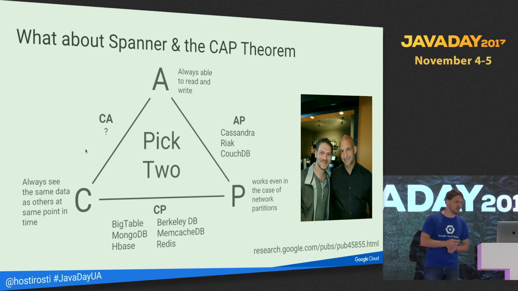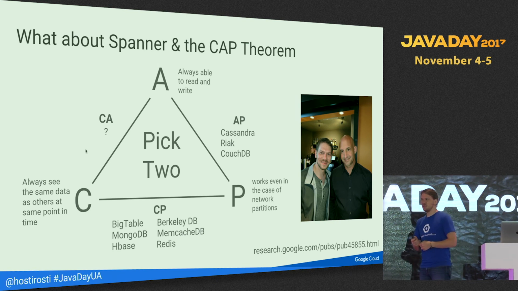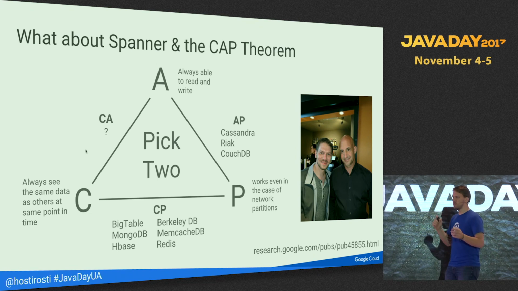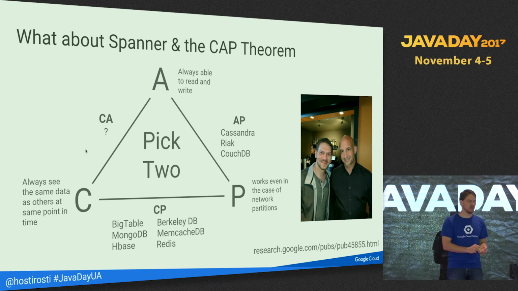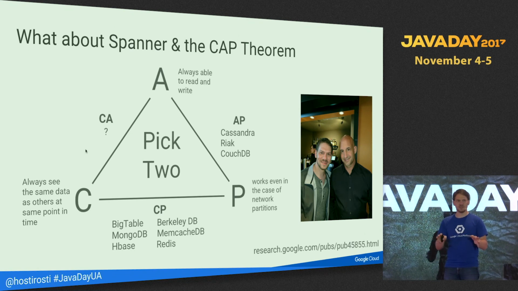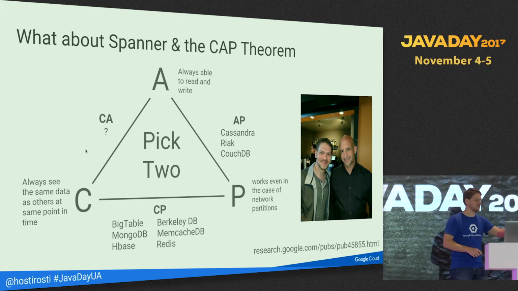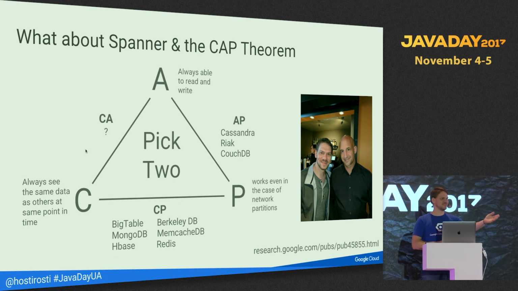Just imagine if you have a CA system. A CA system basically means it's always consistent and always available, even in the case of partitions. Now, please, who knows a CA system? Anyone? Yes, you know a CA system? What's a CA system?